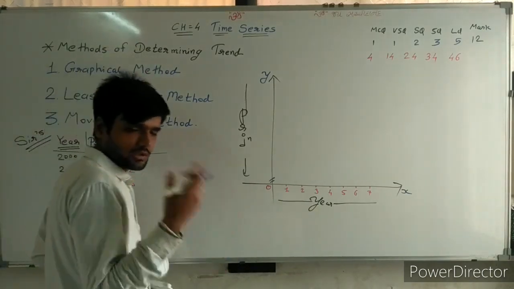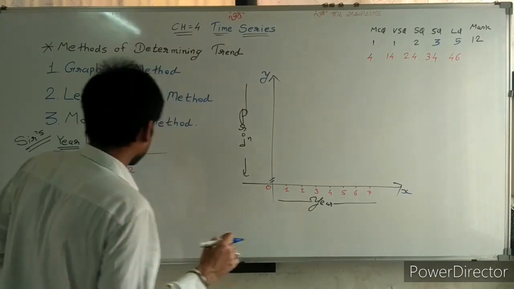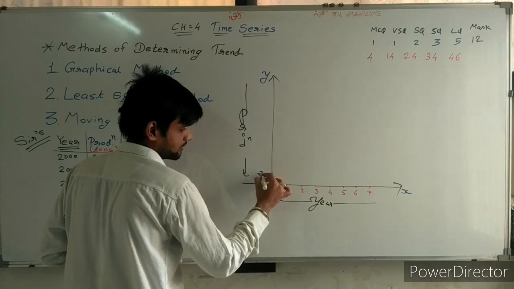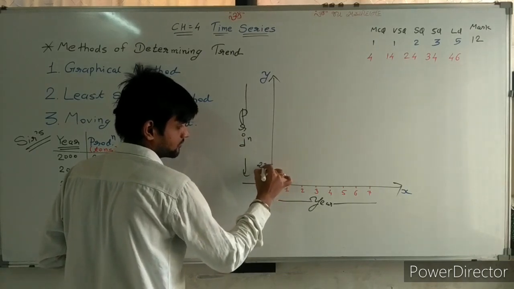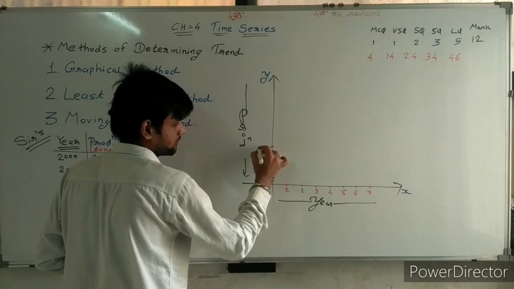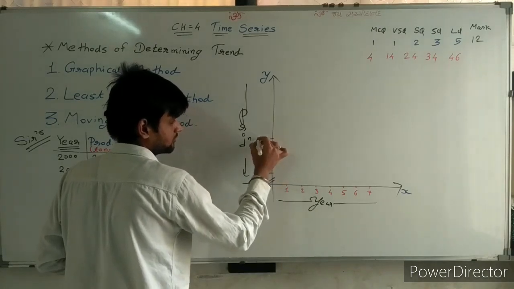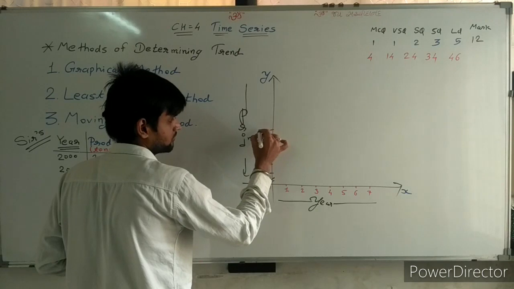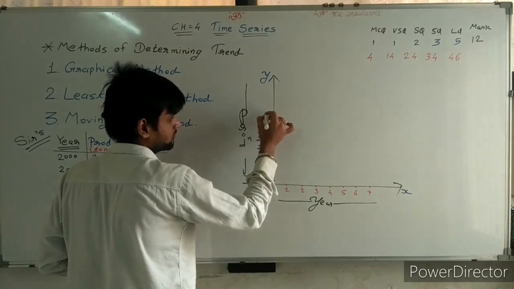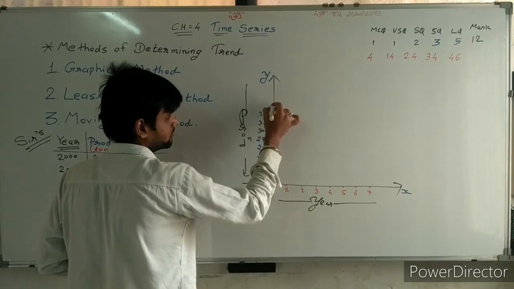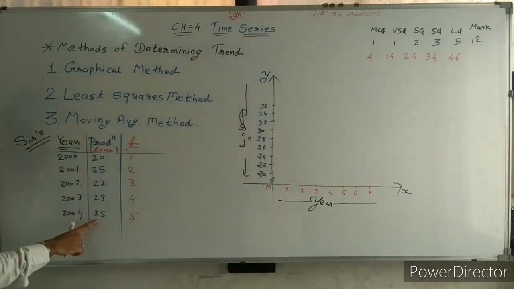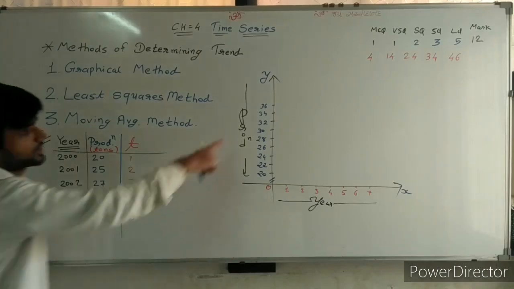That is the assumption; any value you can assume. Now I am starting with 20 and go up to 35, so 36.